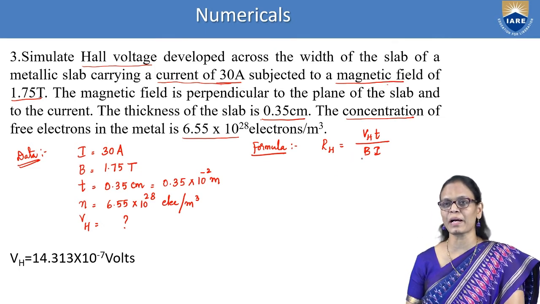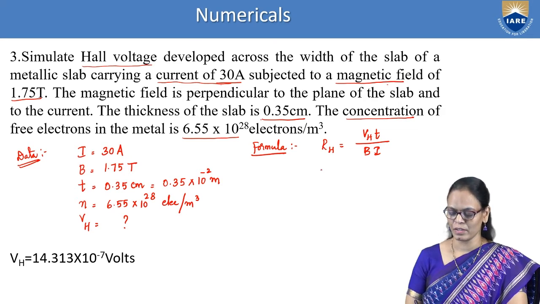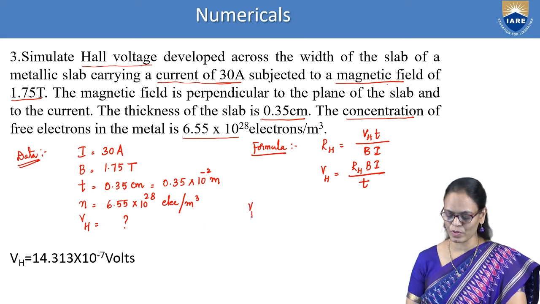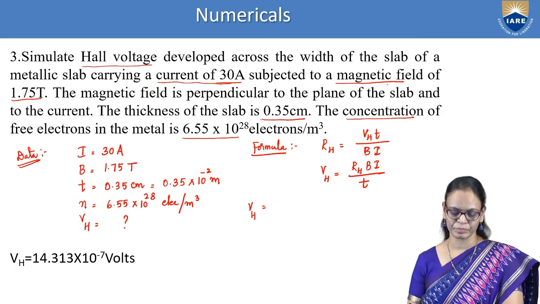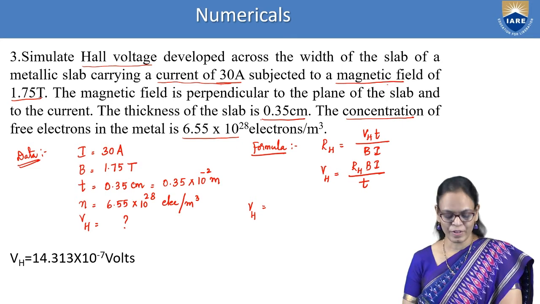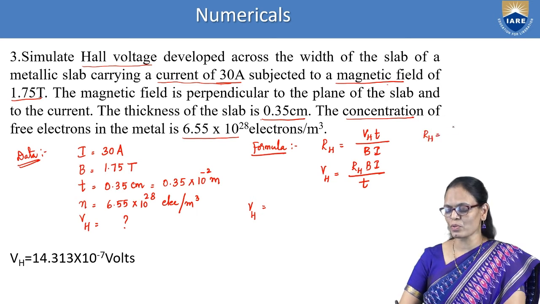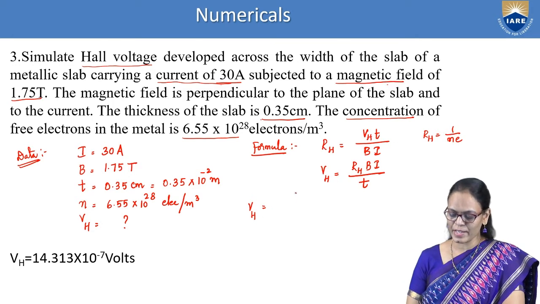Now we want to find the Hall voltage, so we will rewrite it as VH is equal to RH into BI upon T. Now simply substitute the values for RH, B, I and T. RH is not given. We are given the concentration of electrons. So for RH, we will substitute 1 upon Ne. So we can write it as BI upon NET.